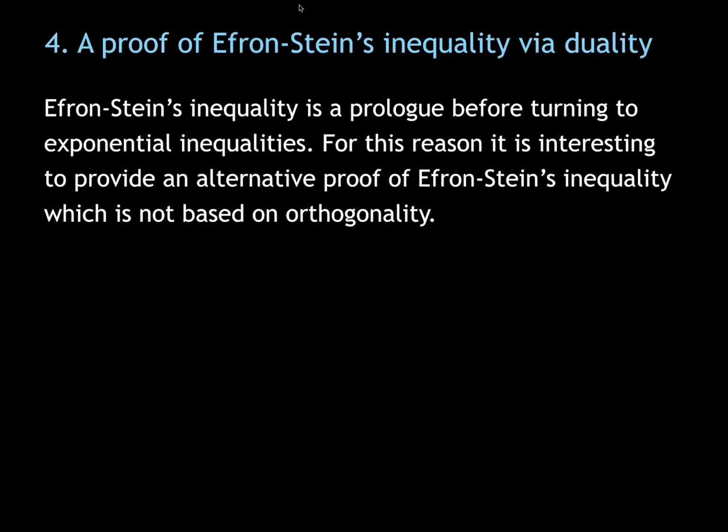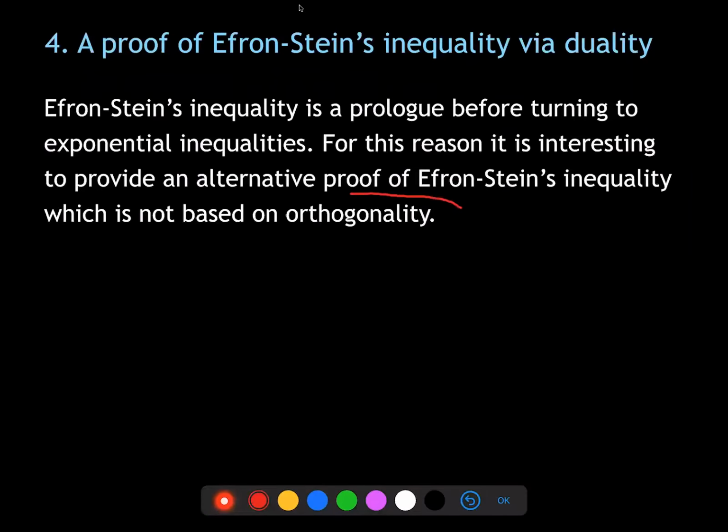So now our purpose is to go to exponential inequalities. And as a transition, I would like to show you that it is possible to prove Efron-Stein's inequality without using an orthogonality argument, okay? Because you remember that you have made an orthogonal expansion based on a martingale argument in order to prove Efron-Stein's inequality.